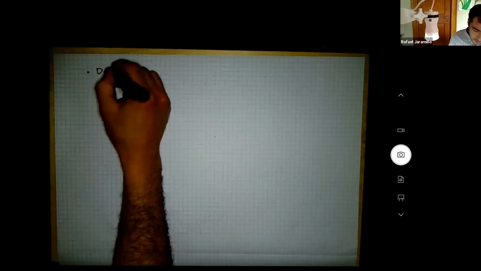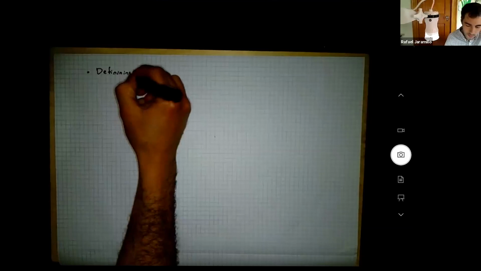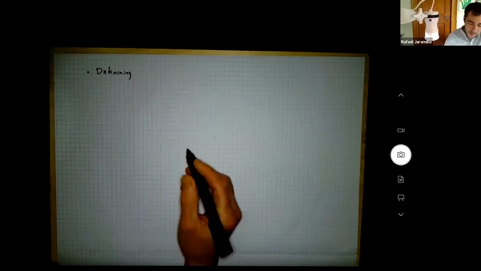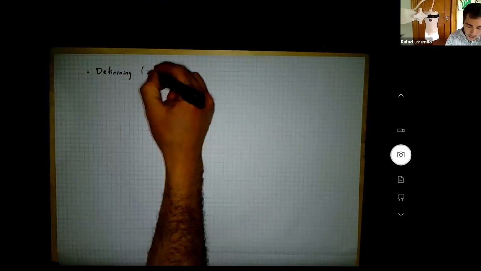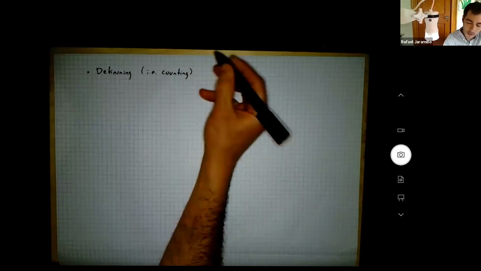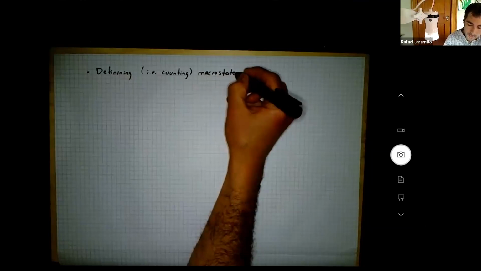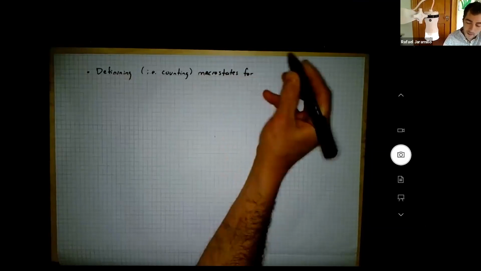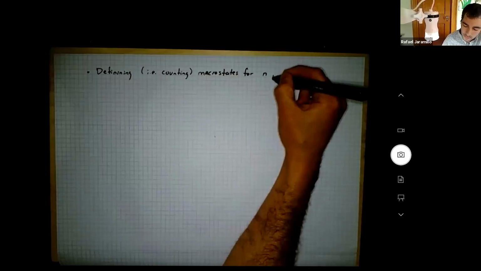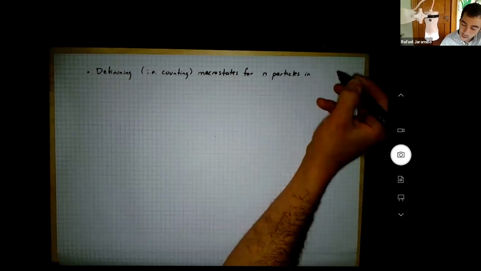So let's work on defining, or that is counting, the macrostates for n particles in R states.